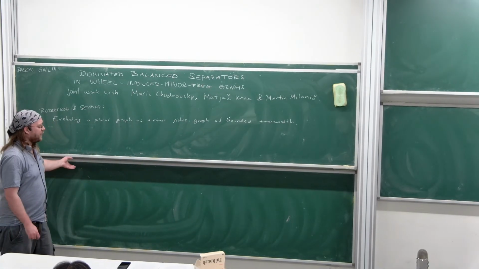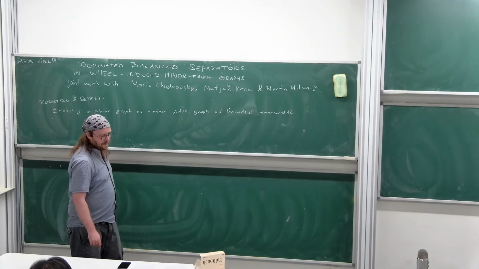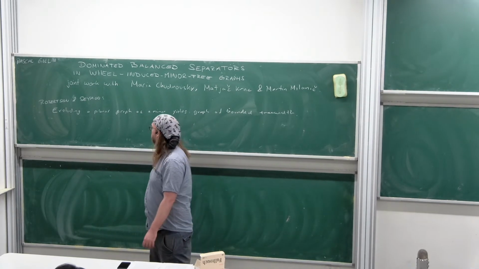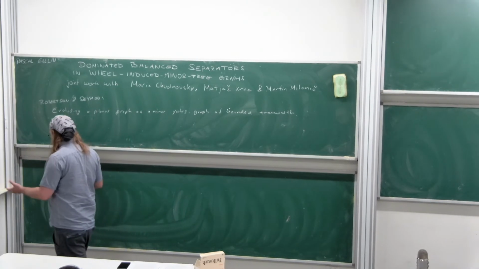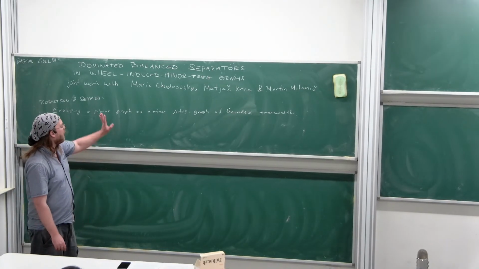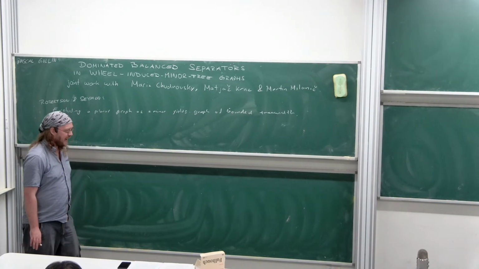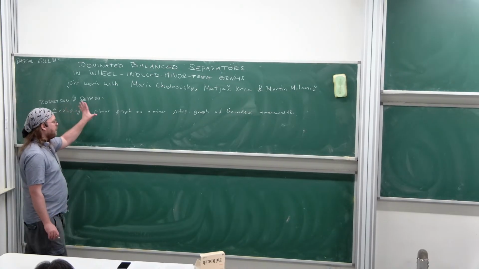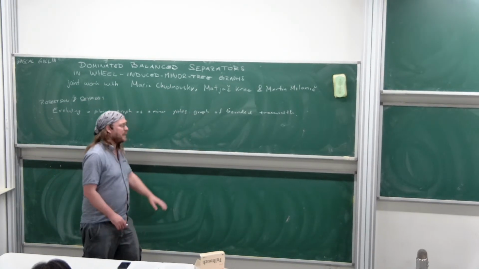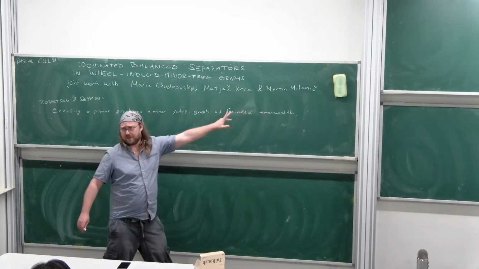But some of the machinery that appeared around this is regarding a concept of balanced separators. And while you may have heard the statement of this theorem before, I don't want to go into the precise definition of tree width.